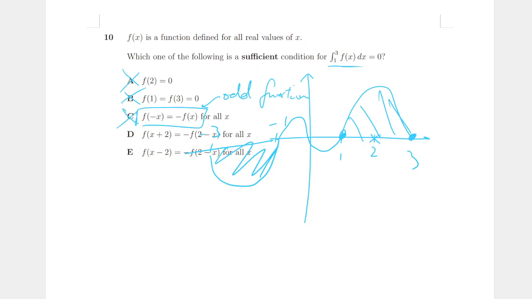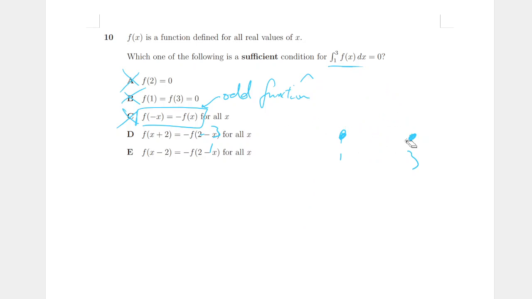Okay, how about D? D actually looks like C, if you have a think about it. What's the best way of thinking about it? Maybe put the minus sign on the left-hand side instead: f(x+2) equals -f(2-x). So how does this relate to C?